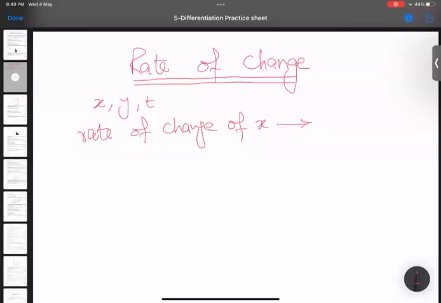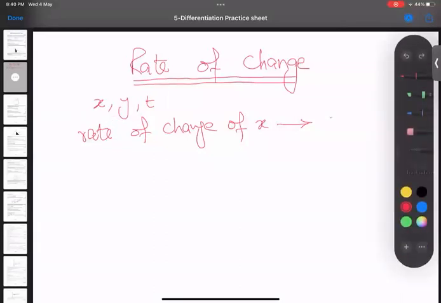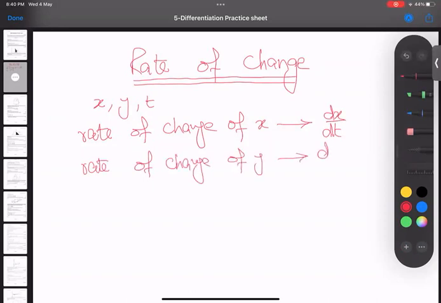But when the word rate comes, it definitely means with respect to time. So dx over dt. If we say rate of change of y, definitely we can write dy over dt.